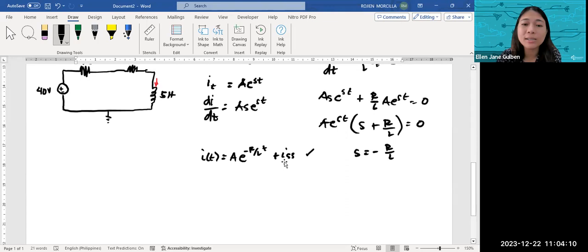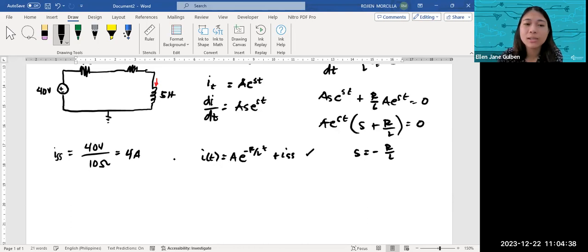Okay. The I_SS is, you can pause now if you want to answer. But I_SS will be the steady state of this circuit, which is I_SS is equal to 40 volts divided by 10 ohms. So we get 4 amps.